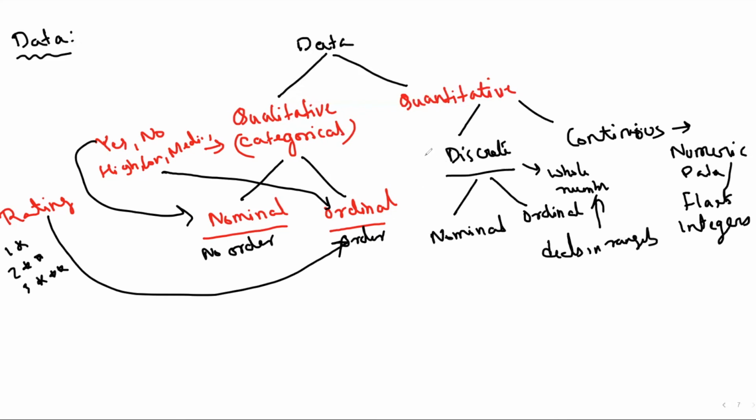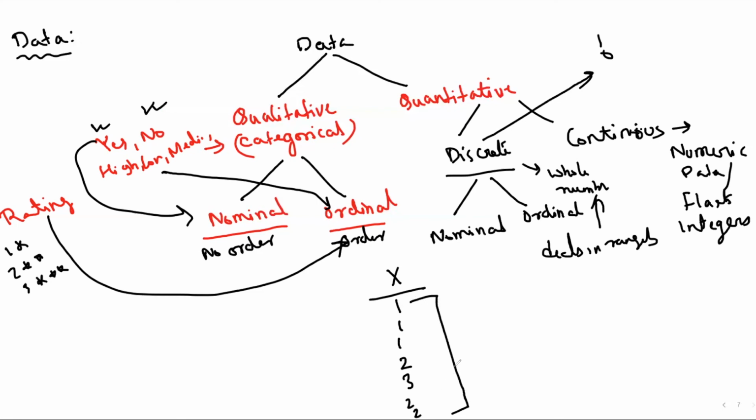So in this case, if we don't have yes, no, we just have 1 or 0, ideally we can consider it as discrete. Or let's say we have a variable where the observations are like this: 1, 1, 1, 2, 3, 2, 2. So this can be considered as a discrete random variable.